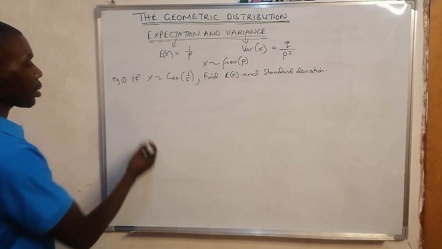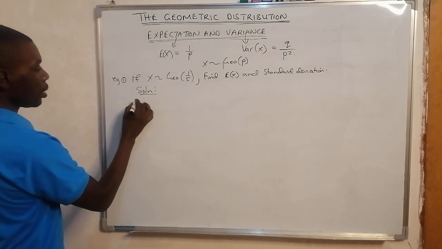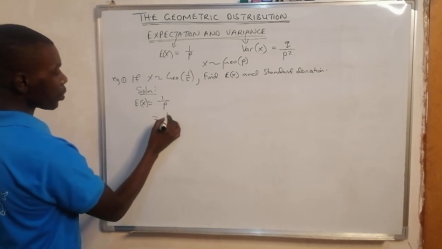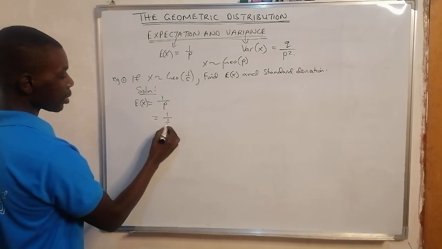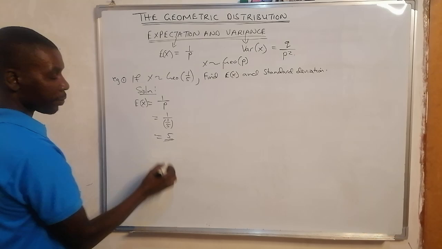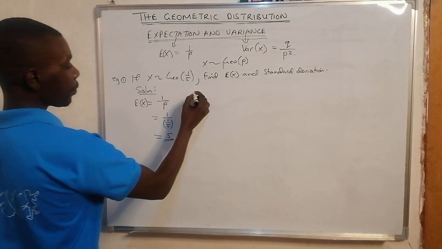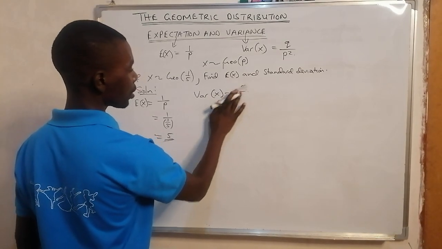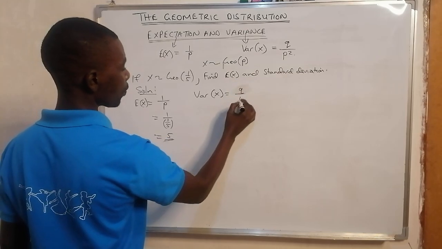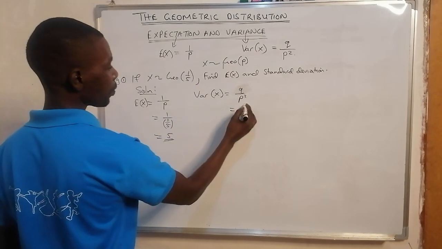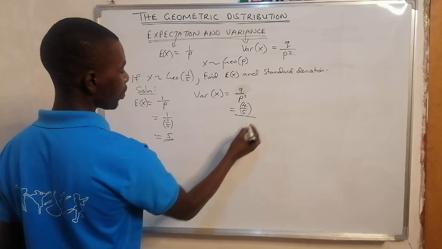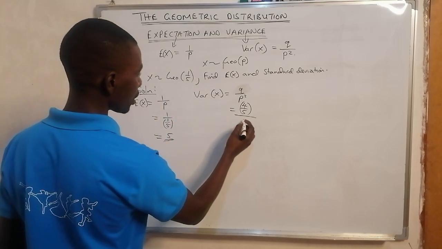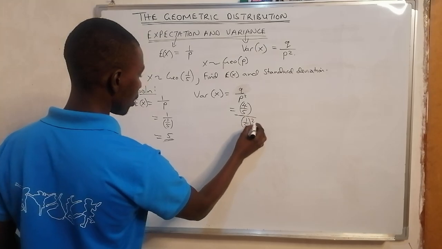Solution for E of x, remember we said E of x is the same as 1 over p, which is 1 over 1 over 5, which is 5, right? Then variance of x is given by q over p squared. Our q in this case is 4 over 5 divided by p squared, that's 1 over 5 squared.